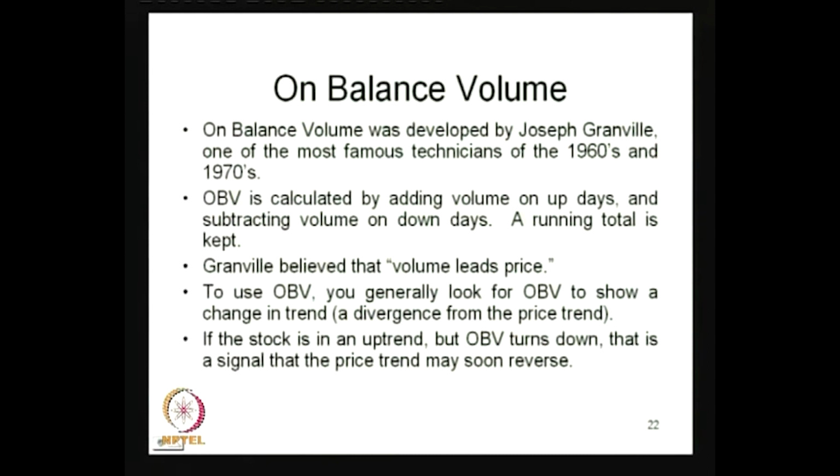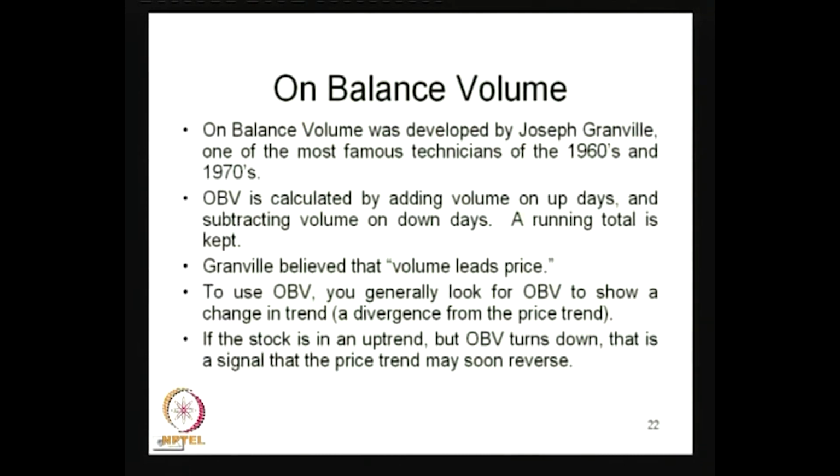To use on-balance volume, we should look for it to show a change in trend, which is a divergence from the price trend. If the stock is in an uptrend, but the on-balance volume turns down, that is a signal that the price trend may soon reverse.